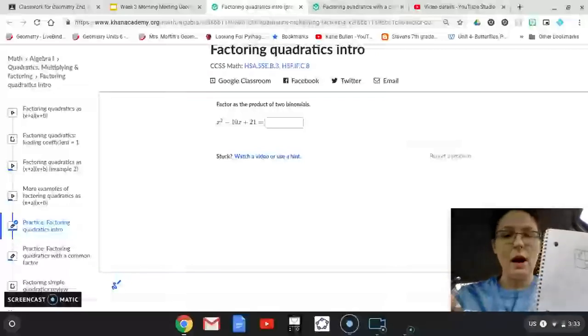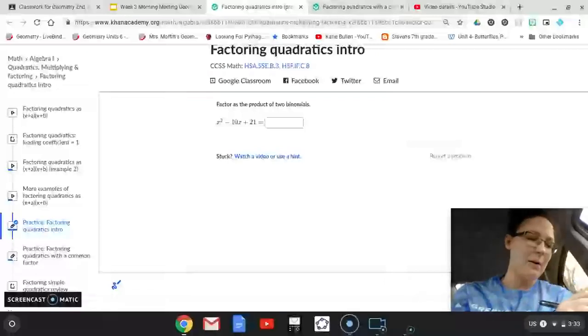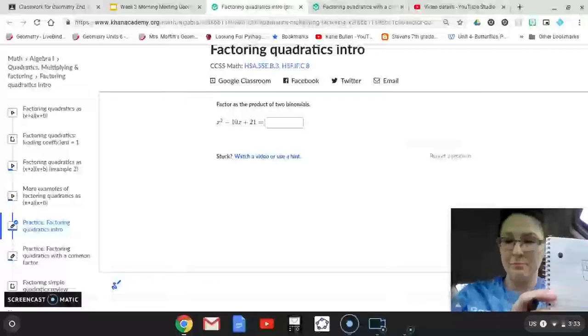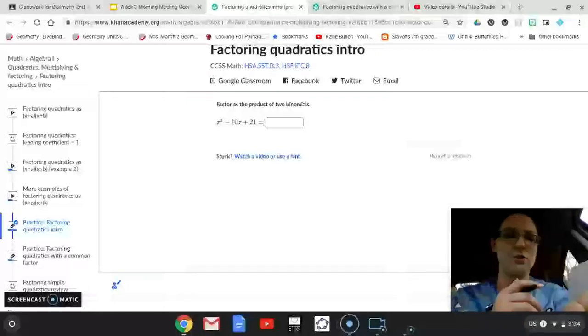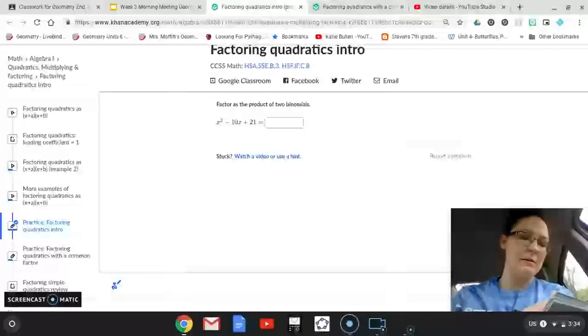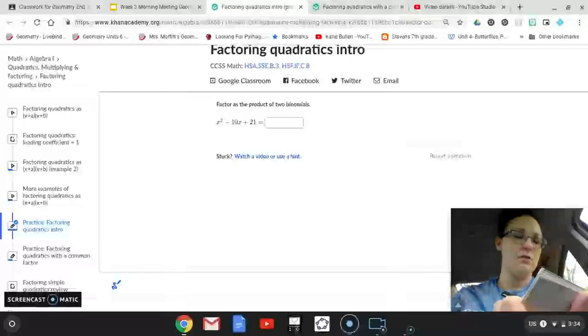Okay, so I'm going to look at that 21, since I am sure about that 21. And I'm going to think about numbers that multiply to give me 21. So in other words, factors of 21. Well, there's 1 times 21. There's 3 times 7.